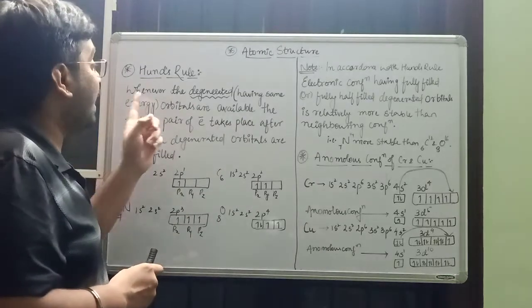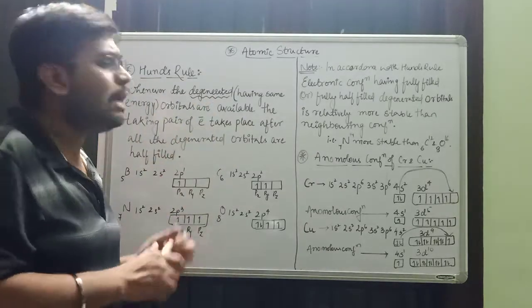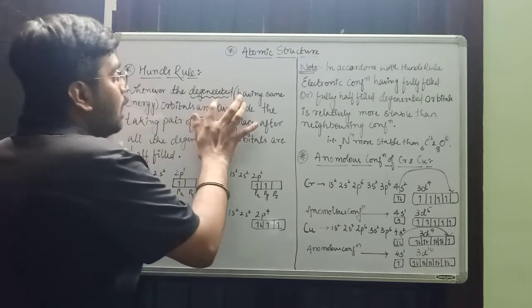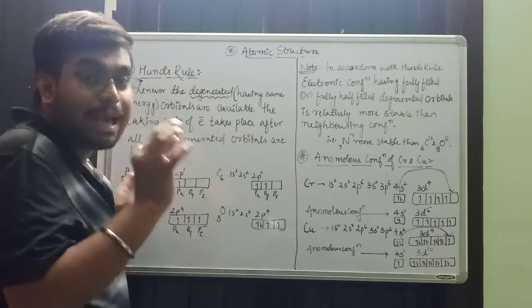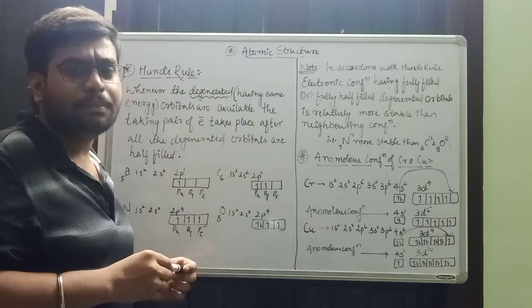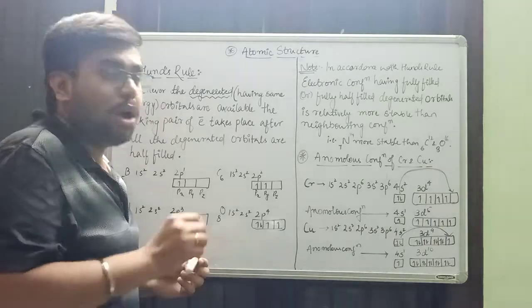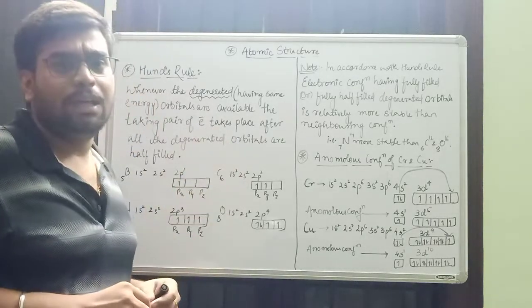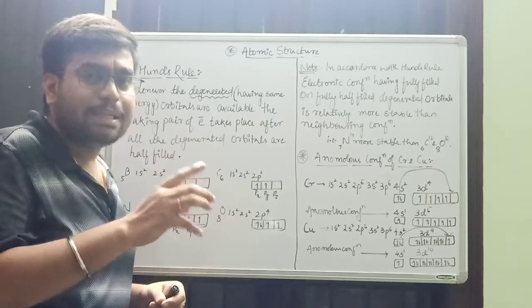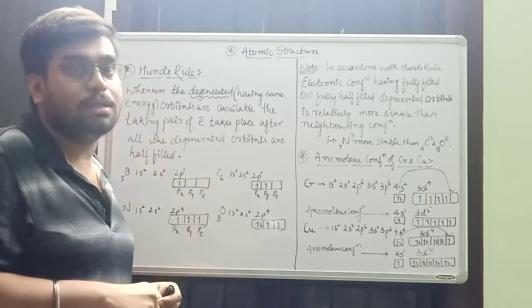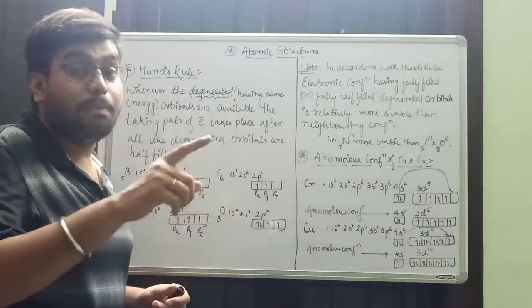Hund says that whenever the degenerate orbitals are available. What are degenerate orbitals? Degenerate orbitals are orbitals having the same energy. We see the p subshell carries 3 orbitals, px, py, pz, right?